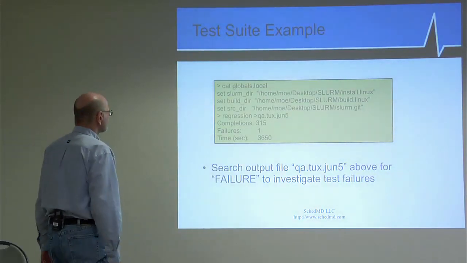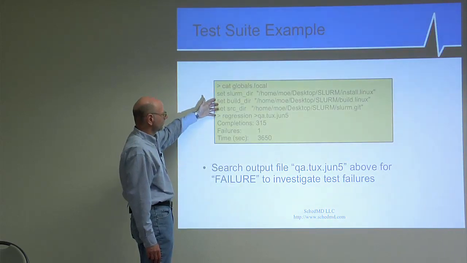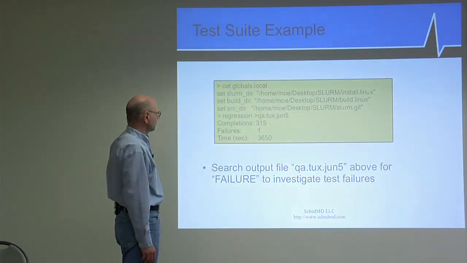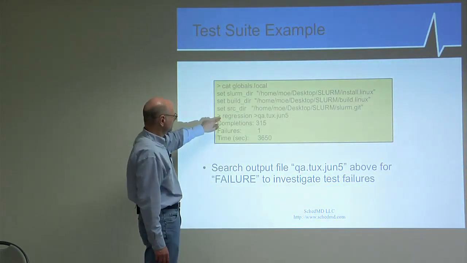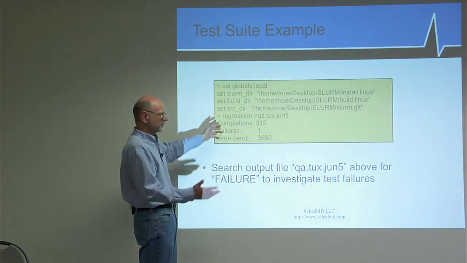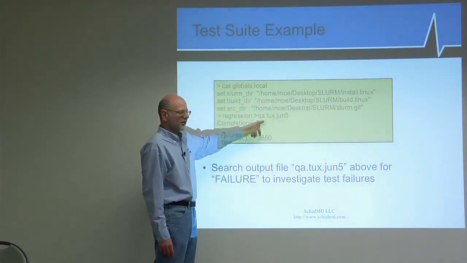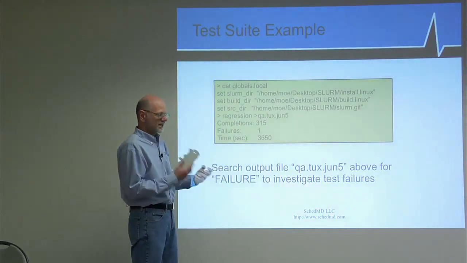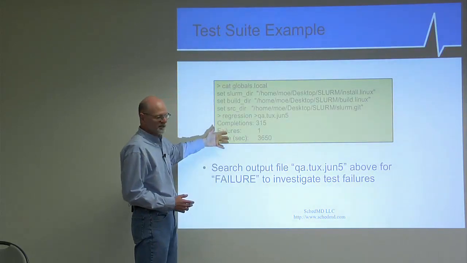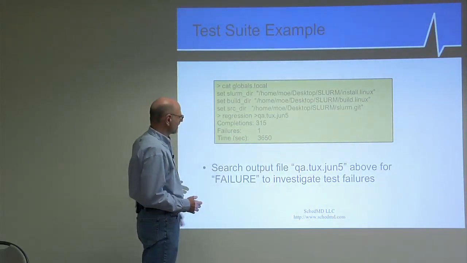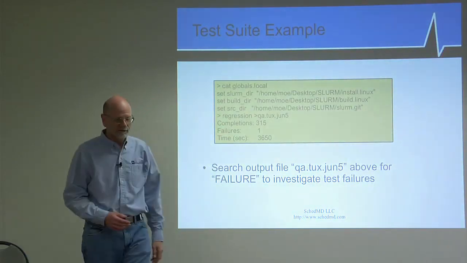Before you run it, you have to set up a configuration file saying where Slurm's installed, where it's built from, and where your source code is. And typically what I do is there's a script called regression, which basically drives the whole thing, and I will typically send standard out to some other file, and then the standard error will come here, and it will print details about which specific tests failed, as well as how long it ran for and so forth.